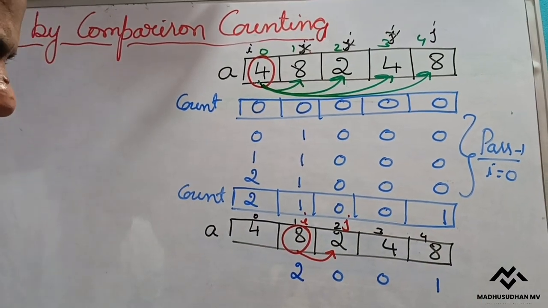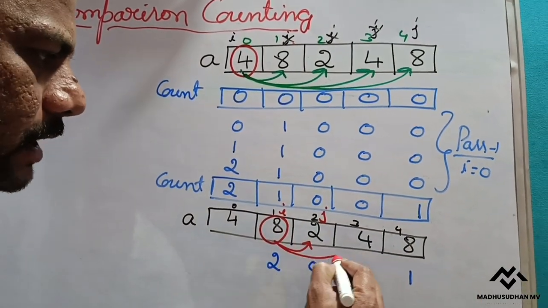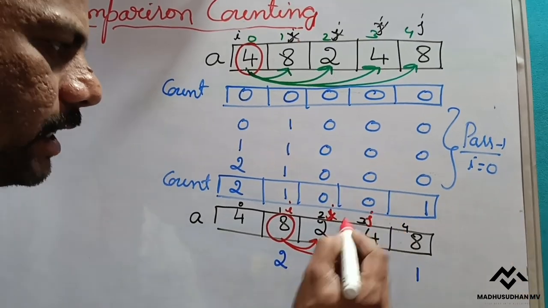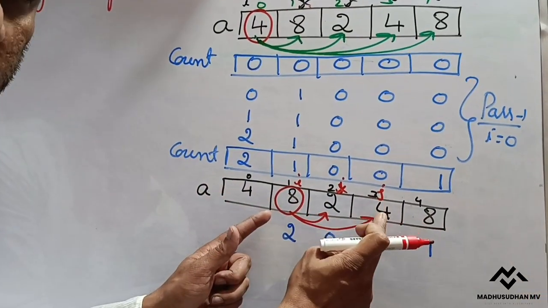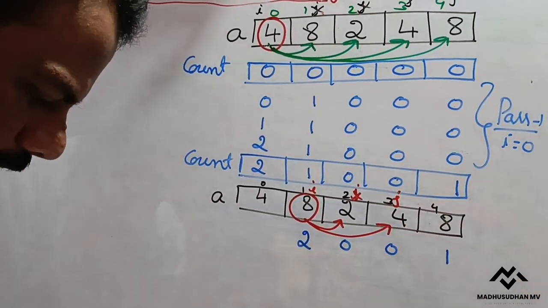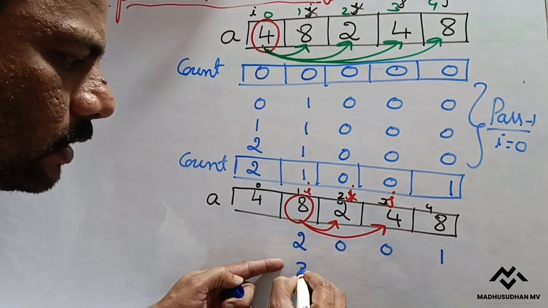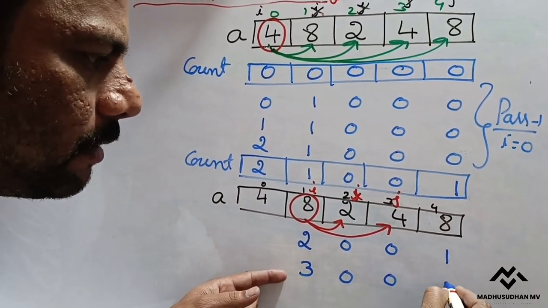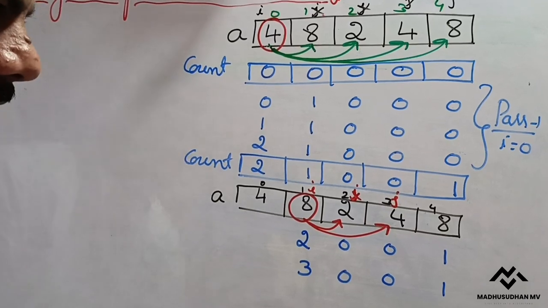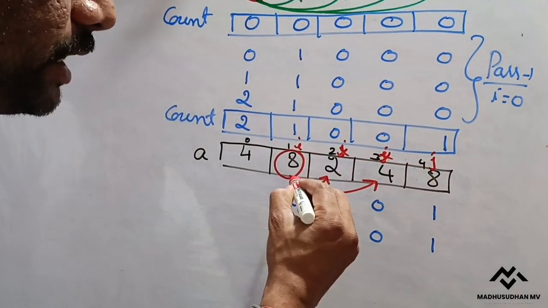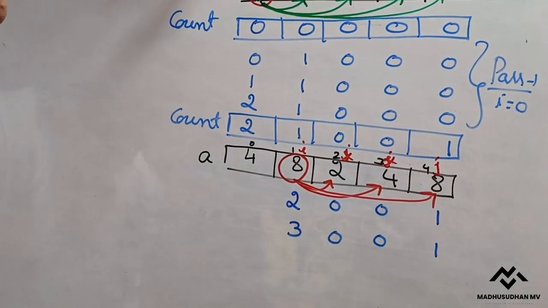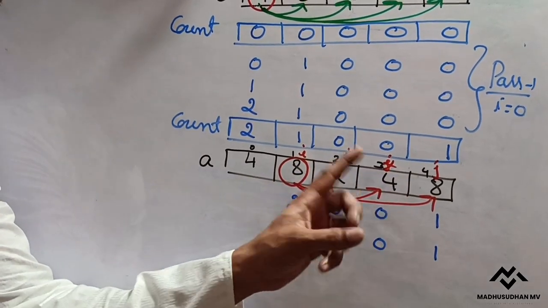Next, I compare this 8 with this 4, taking j here. Is 8 less than 4? False, 8 is greater, so I'm incrementing the 8 count to 3, remaining elements as they are. Next I increment j and compare with the other 8. Is 8 less than 8?